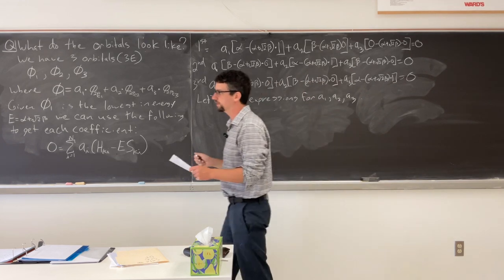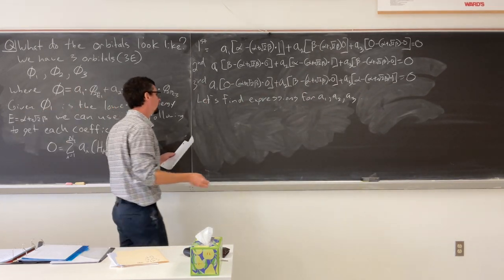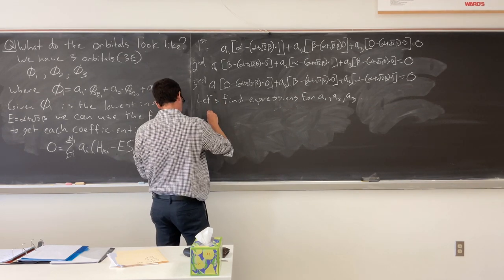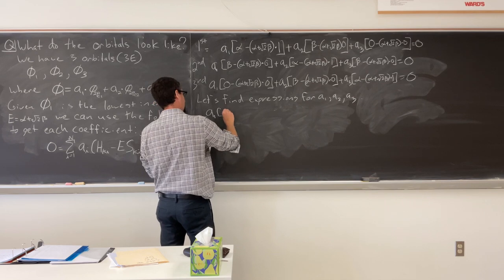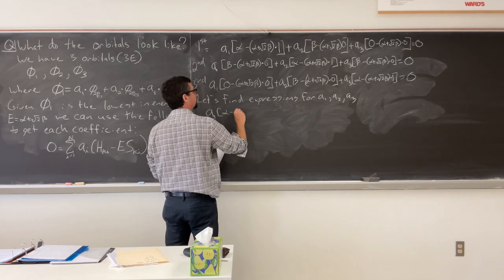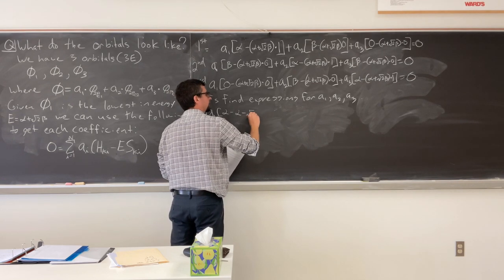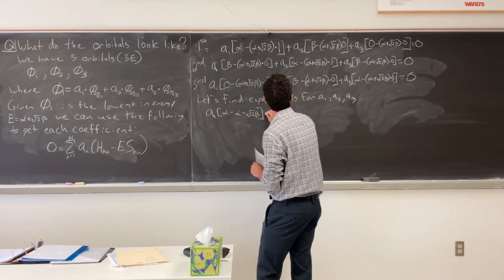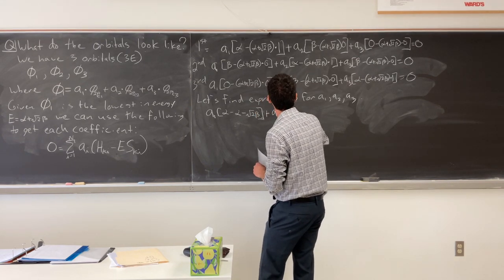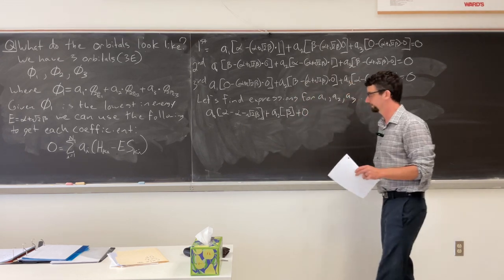That will get us the coefficients of each of them, and then we'll have an idea of what those orbitals look like. Okay, so first equation, we end up getting A1 times alpha minus square root of 2 beta in brackets plus A2 times beta plus 0.